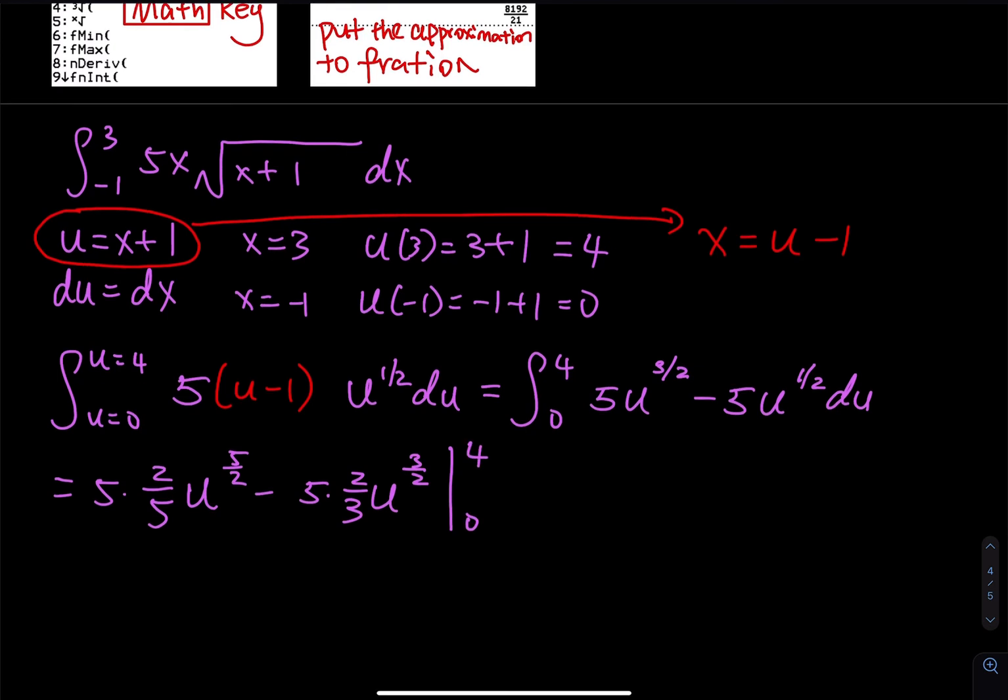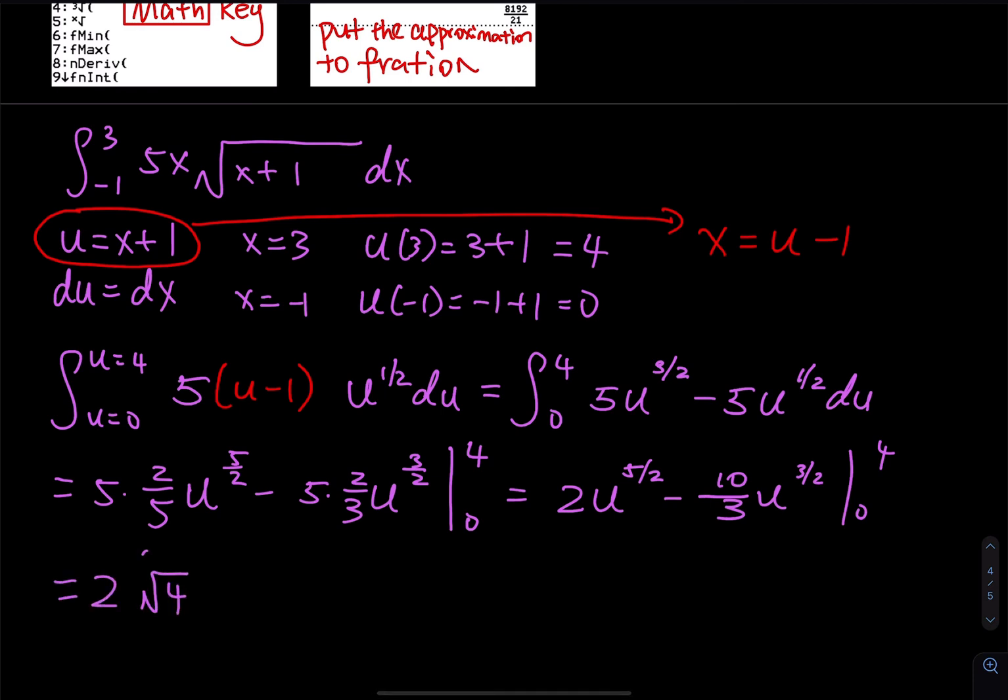Okay, so that is equal to 2u to the 5 over 2, minus 10 over 3 u to the 3 over 2, from 0 to 4. The 1/2 power is a square root, right? So you have 2 times the square root of 4 to the fifth power, minus 10 over 3 times the square root of 4 to the third power.